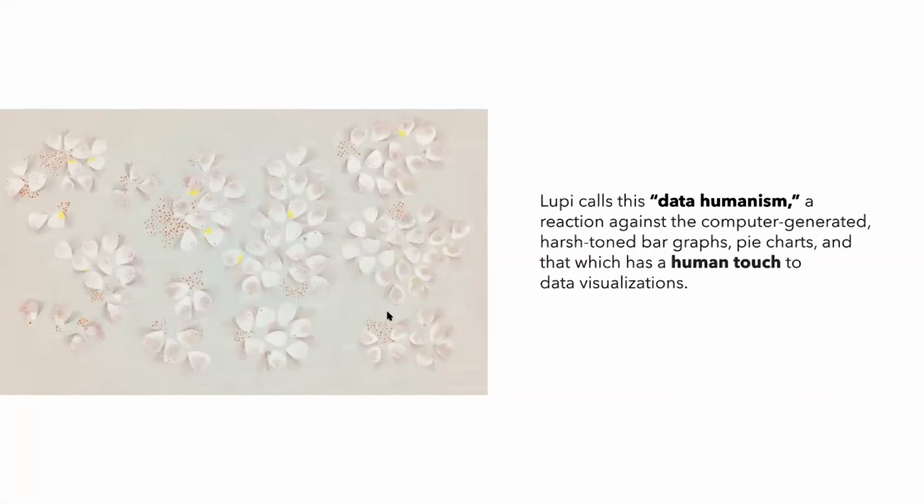It's a warm and intimate data visualization rather than a typical clinical record that doesn't emphasize human details. So Giorgia Lupi calls this data humanism, which is a reaction against the computer-generated, harsh-toned bar graphs and pie charts, and which has a human touch to the story.